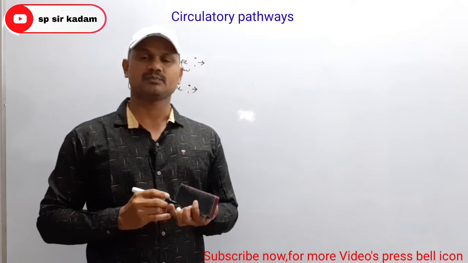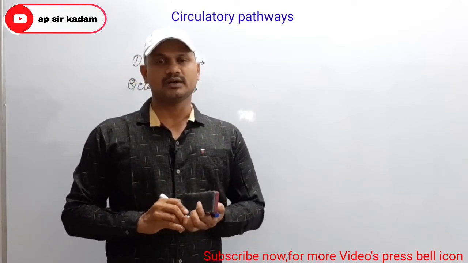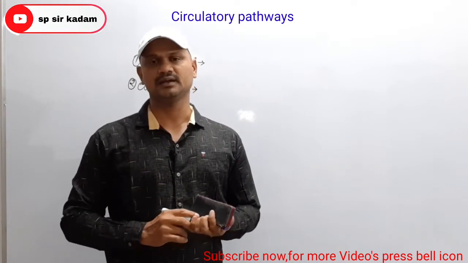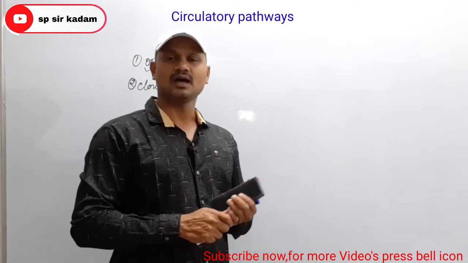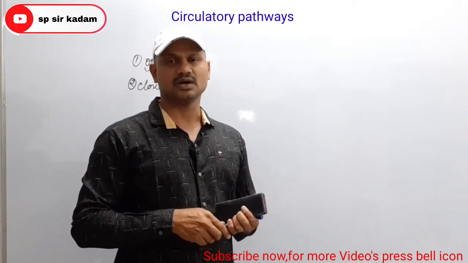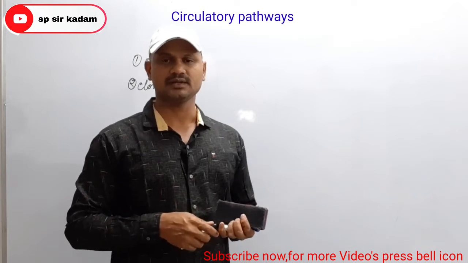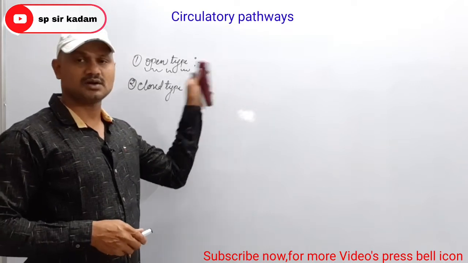Open type of circulation means what? Here the blood flows from the heart into vessels, which open into the large spaces known as sinuses, and from there hemolymph is collected into the heart and distributed to the body parts. So here the blood capillaries are absent.